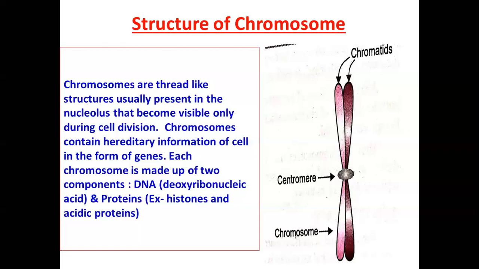Telocentric: the chromosome in which the centromere is at the tip of the chromosome and the arms are on one side only. That means this centromere will be at the top and it will only consist of one part. Such a chromosome is known as telocentric.